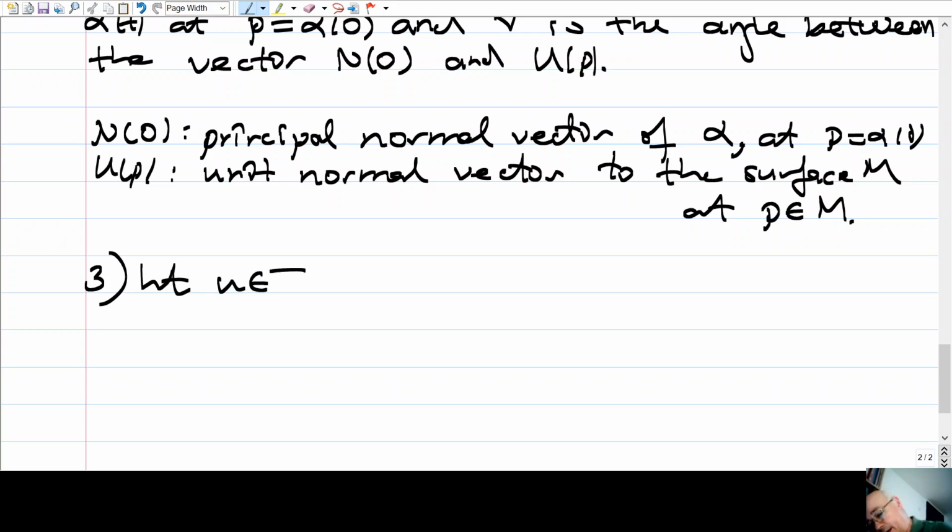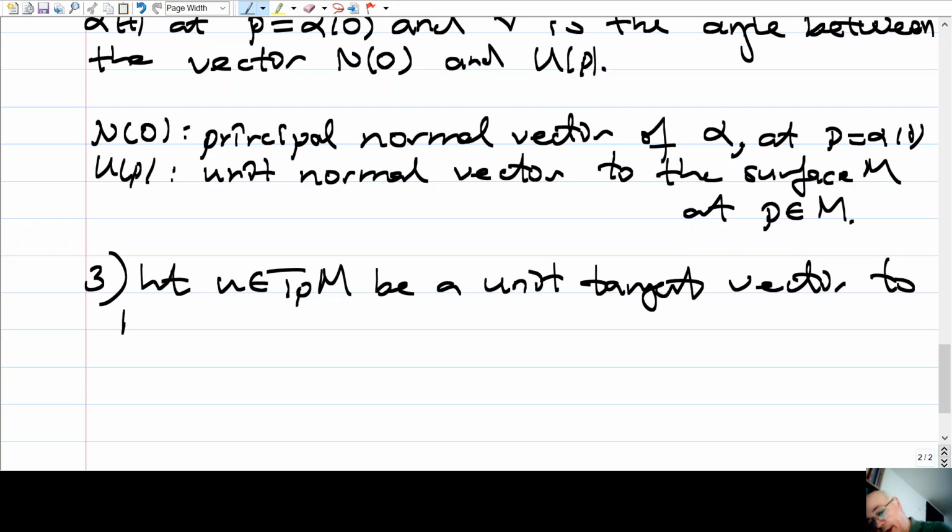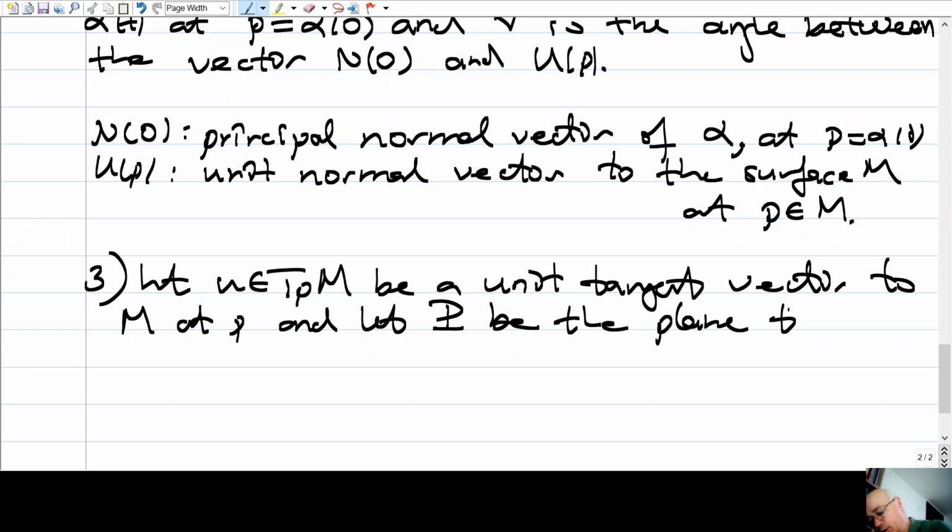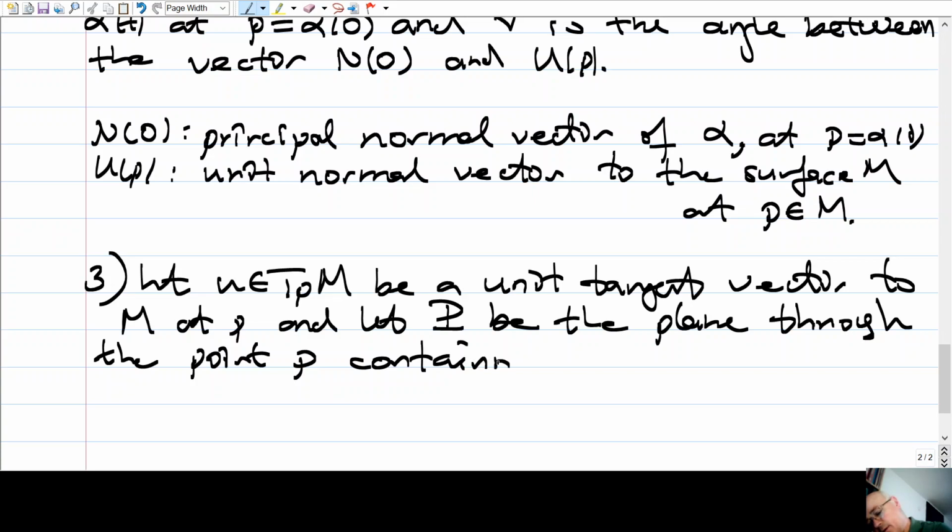Let u be any unit tangent vector to M at P, and let big P be the plane through the point P containing the vectors u and the normal vector UP.